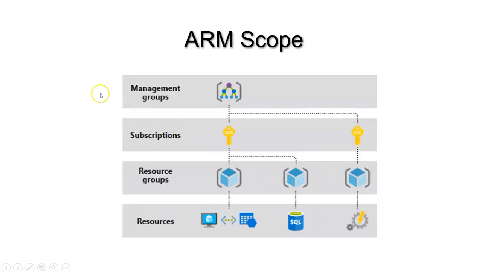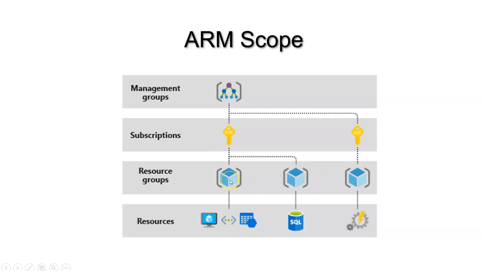Coming to the ARM scope, it usually goes into this hierarchy. For example, if you are applying a policy to a resource group, whatever resources are available under that resource group will all take that policy. If you take the subscription level, under the subscription you have maybe 10 different resource groups.